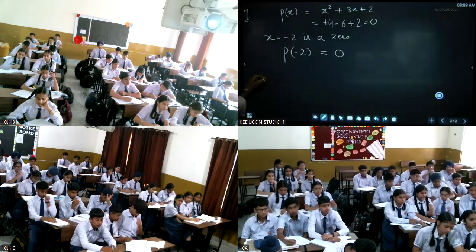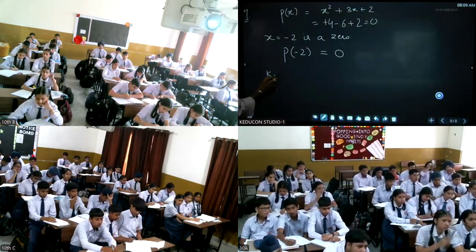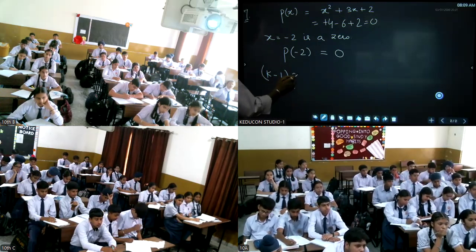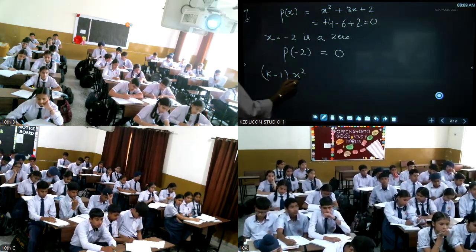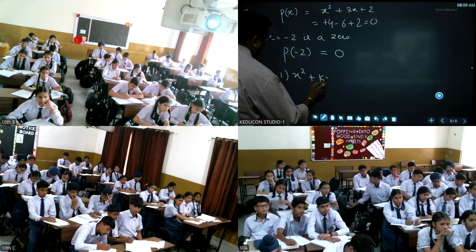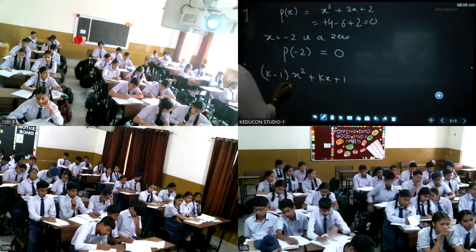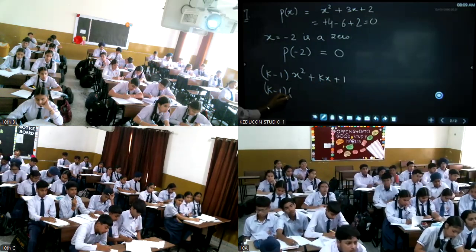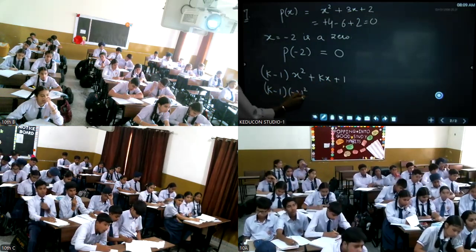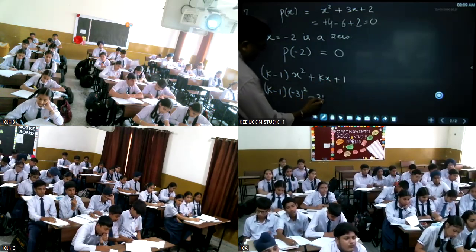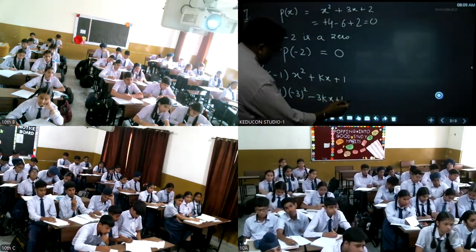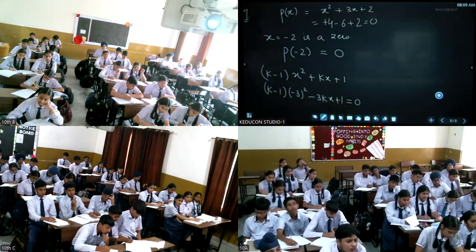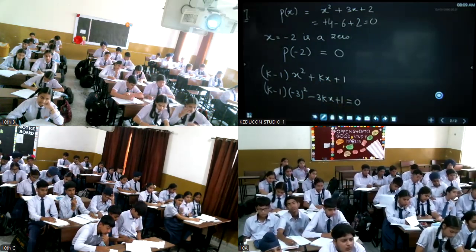Right? आपको इक्वेशन क्या गिवन है? (k minus 1) x square plus kx plus 1. Put x as -3. When you put x as -3, -3k plus 1 and make it equal to 0. Right? Now solve for the value of k, students.